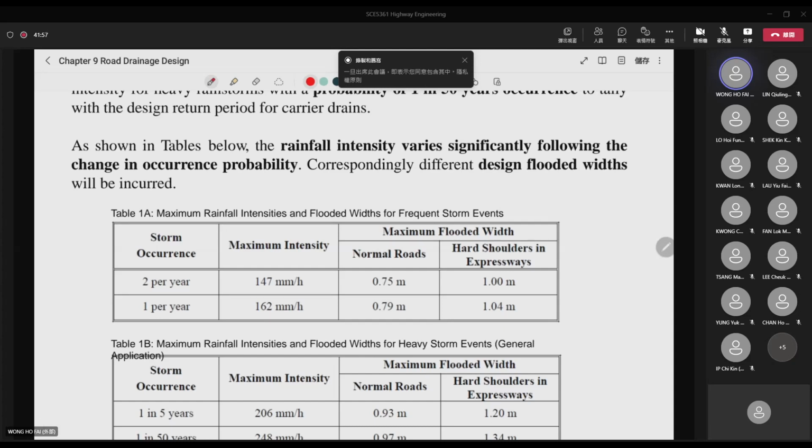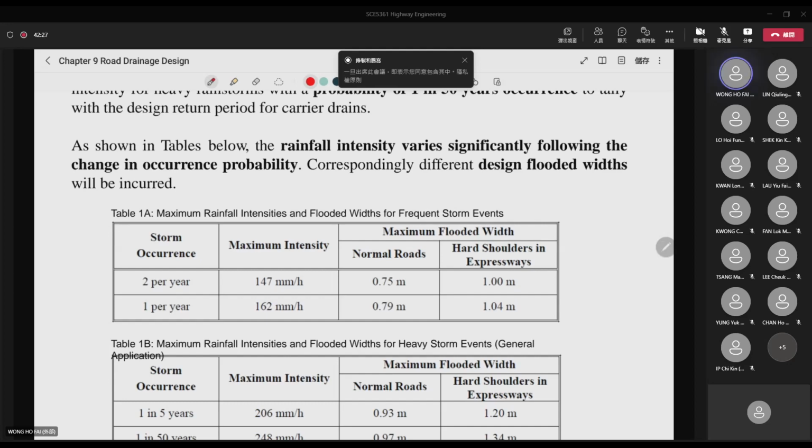That means there will be 2 times of the rainfall with the maximum intensity of 147 mm per hour. With this kind of intensity, it will happen 2 times per year. And then the flooded width will be, in the normal road, around 0.75 meter. And then for the hard shoulder in the expressway, around 1 meter.